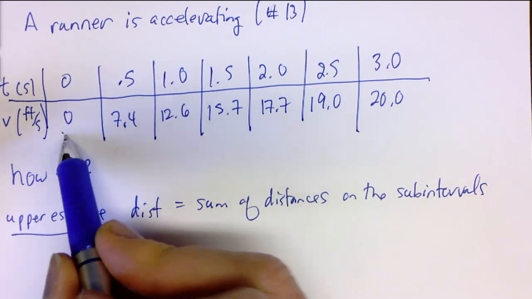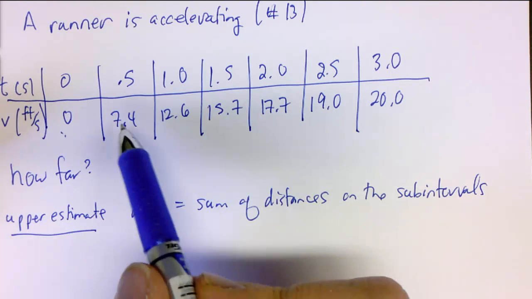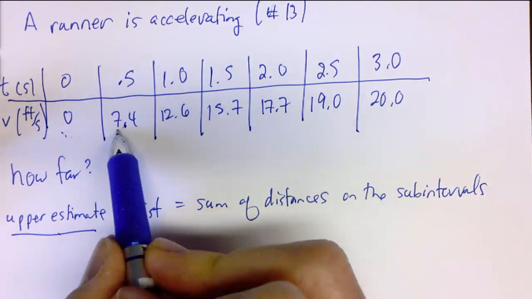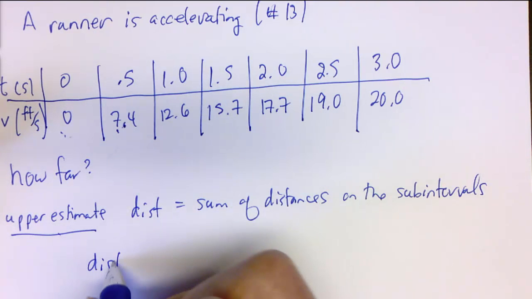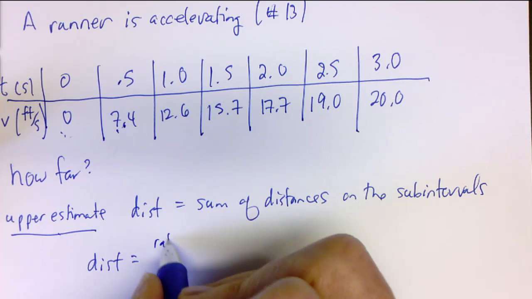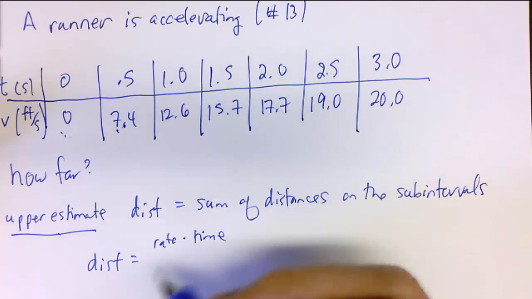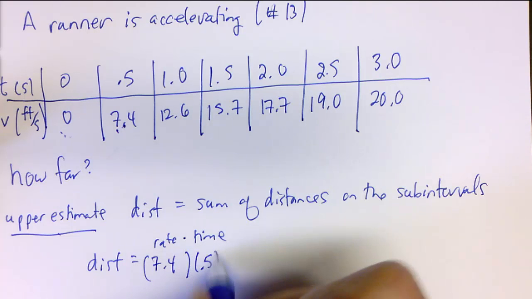The time for that first subinterval is clearly 1/2 of a second. What was her velocity? Well, since we're trying to get an upper estimate here, I'm going to use her maximum velocity on that interval, which is 7.4. So for the first subinterval, distance is rate times time, and we're going to use 7.4 feet per second times 1/2 of a second.